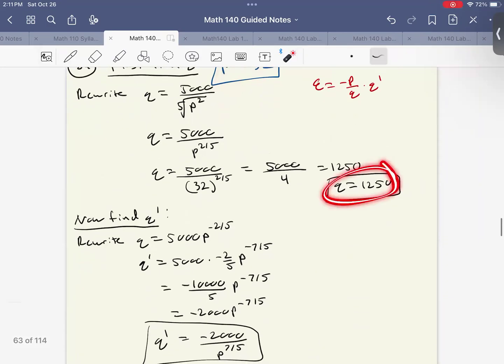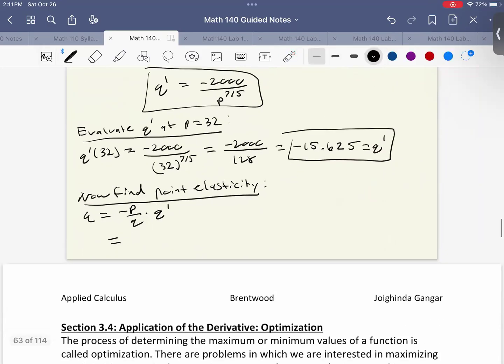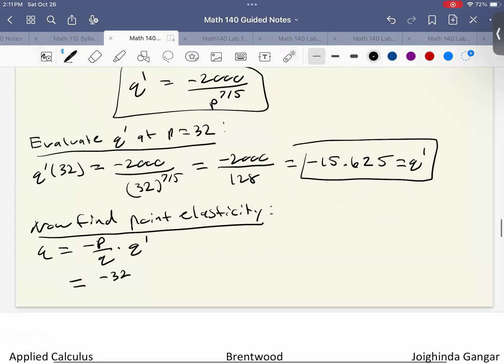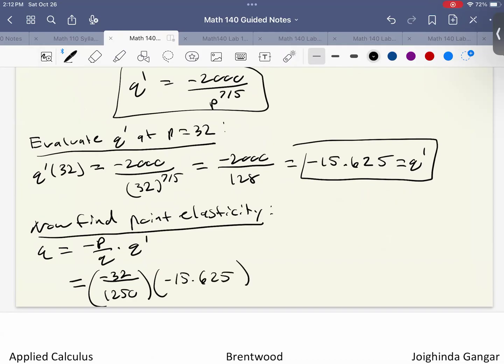Q is 1,250. So this is negative 32 over 1,250 times negative 15.625. And that equals, you put it all together, 0.4. So epsilon equals 0.4. And that's our point elasticity.